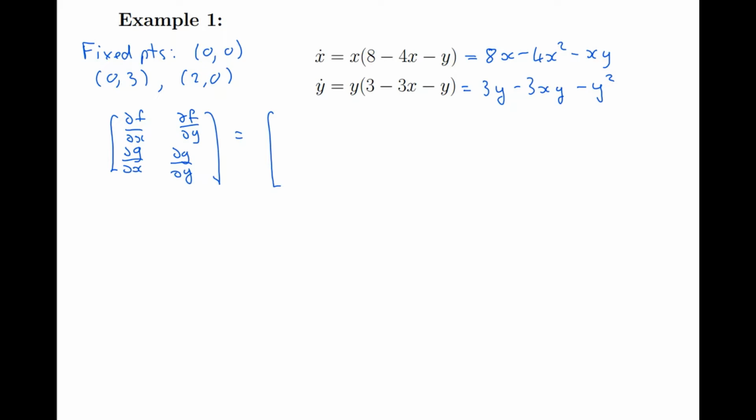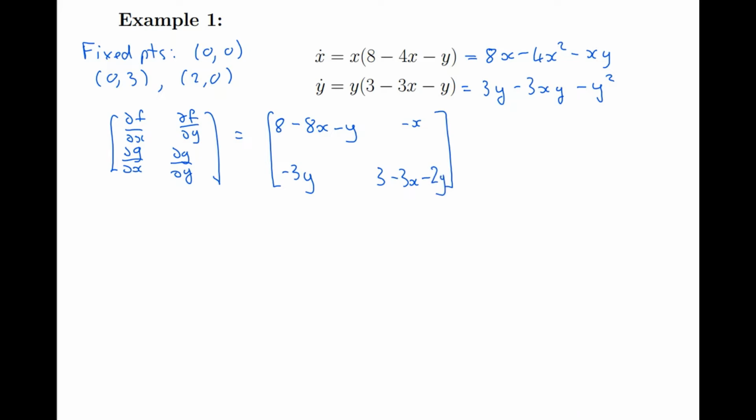df dx is 8 minus 8x minus y. df dy is minus x. dg dx is minus 3y. dg dy is 3 minus 3x minus 2y.